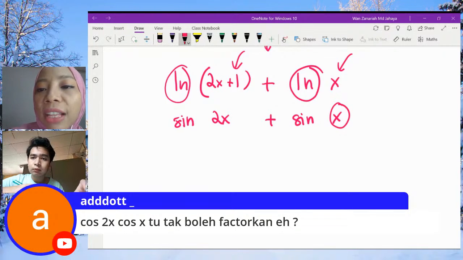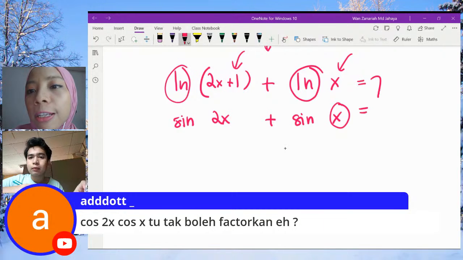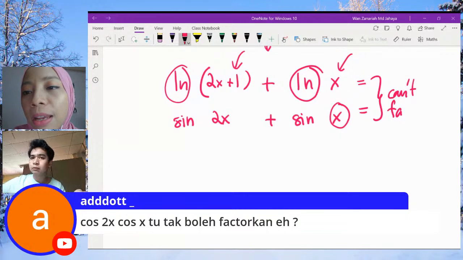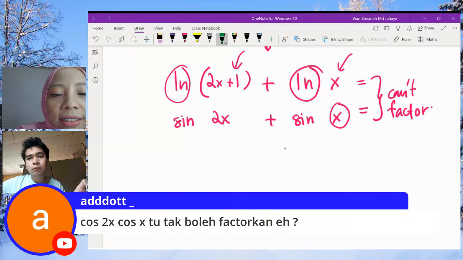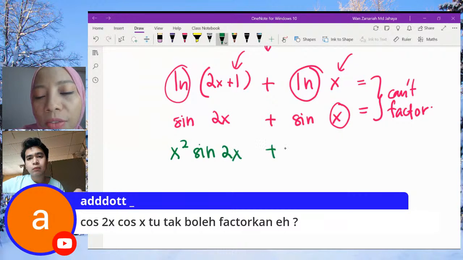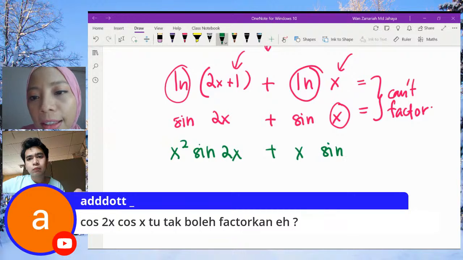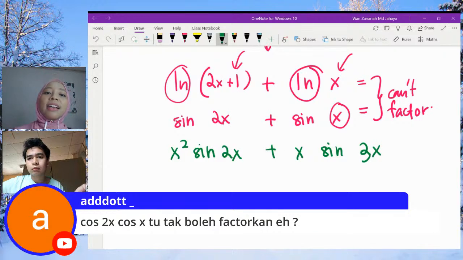Apa yang boleh factor? Okay, this one cannot factor. Apa yang boleh factor? Ini boleh factor. Tak factor salah. Ini kalau macam ni boleh factor sayang. Sin 3x for example. Ini walaupun function dia ni tak sama, kita bukan nak factor itu.